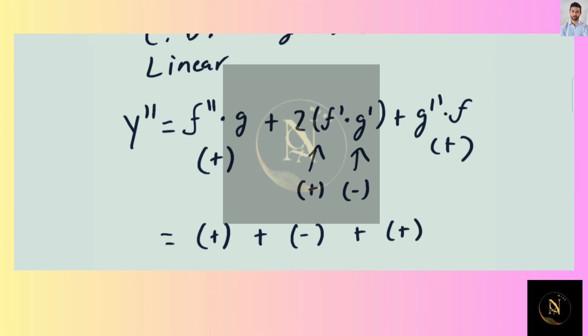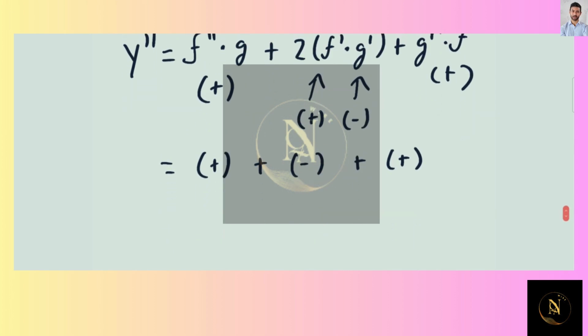So the reason that we can't actually say whether f times g is going to be concave up, concave down, or linear is because we have a positive plus a negative plus a positive. So depending on how big this negative value is, we might have a positive y double prime, or we might have a negative y double prime, or we might even have a 0 as our y double prime.